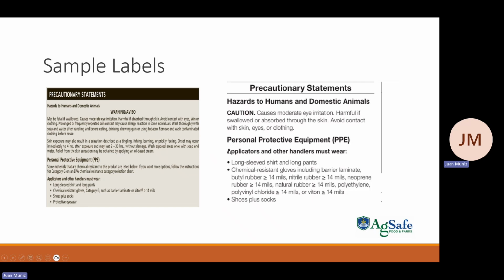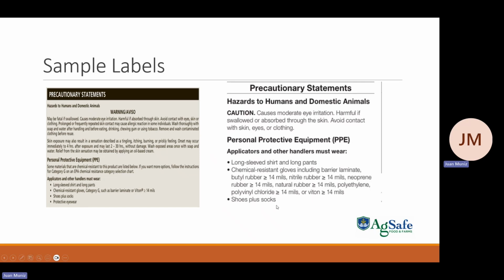And then the personal protective equipment section says applicators and other handlers must wear long sleeve shirt and long pants, chemical resistant gloves, including barrier laminate, butyl rubber, greater or equal to 14 mils, nitrile rubber, greater or equal to 14 mils, neoprene rubber, greater or equal to 14 mils, natural rubber, greater or equal to 14 mils, polyethylene, polyvinyl chloride greater than 14 mils, or Viton, greater or equal to 14 mils, plus shoes and socks.